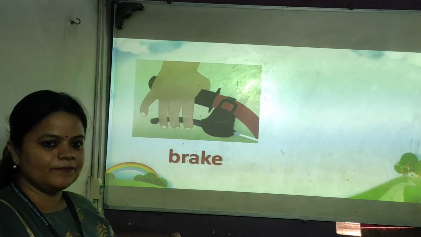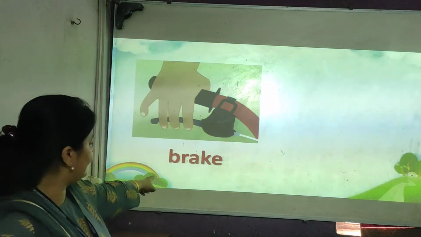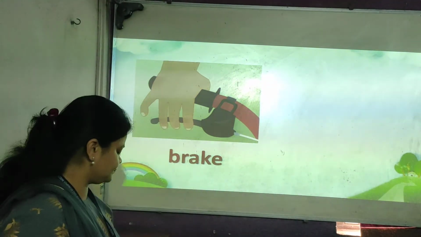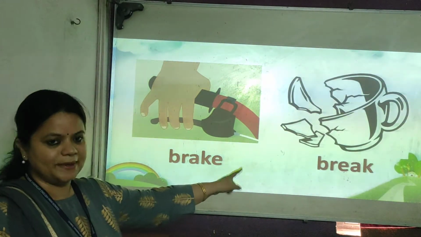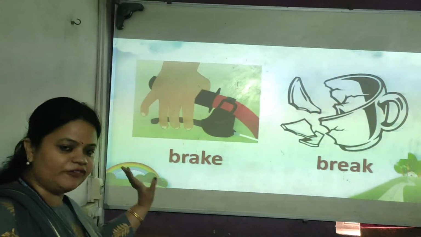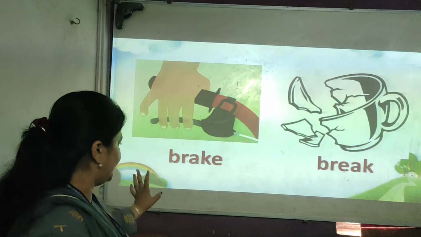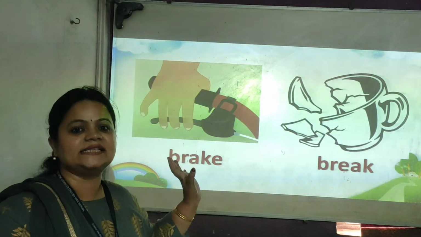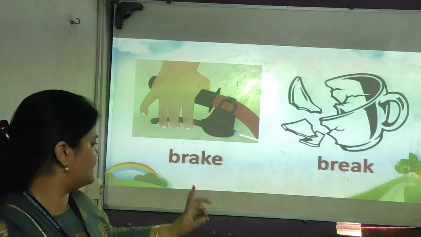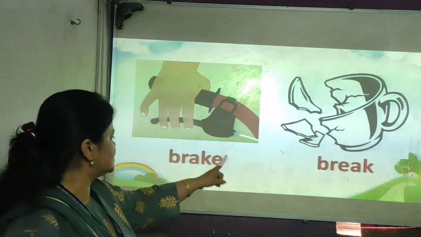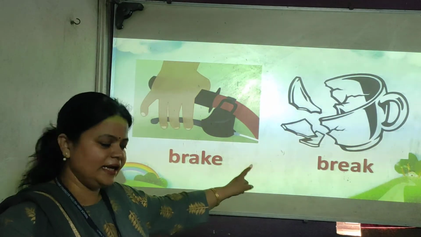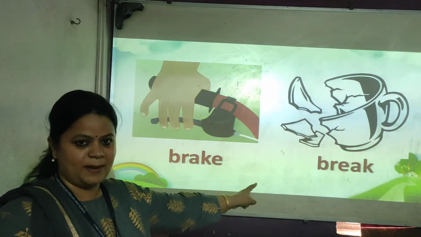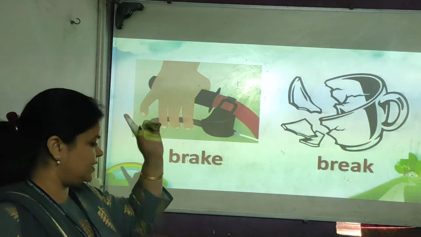What do you see here? Can you read this word? Break, and brake. When you read both the words, they sound the same but both the words have different meanings and different spellings. How is it? Let's see.